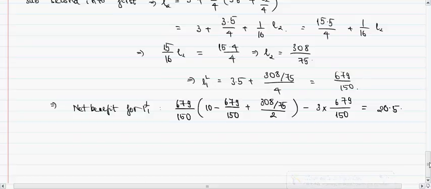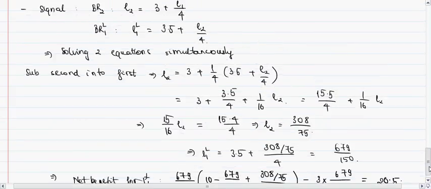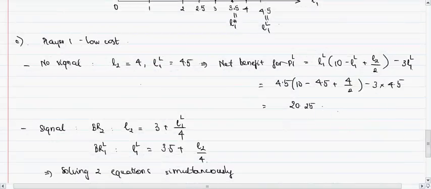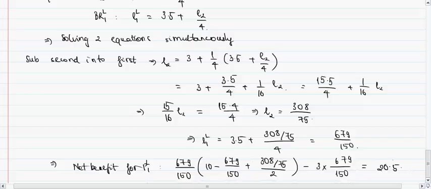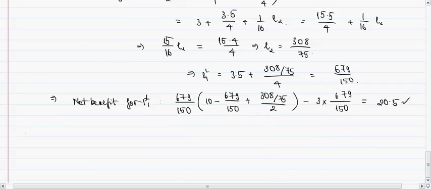Alright, so if we compare the net benefit for player 1 under low type, under the case of signal with the case of without signal, then we see that player 1 will have an incentive to signal player 2 that he is a low cost person, because by signaling he will be able to get a higher net benefit. We see that the net benefit under the case of signal is higher.